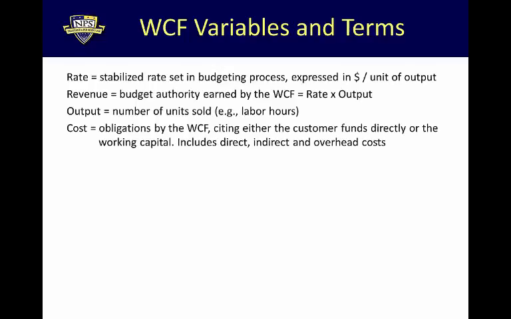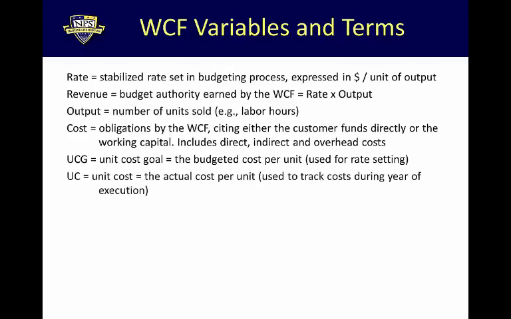Costs are the obligations incurred by the working capital fund, either using the customer funds directly or the working capital, and this includes all of our direct, indirect, and overhead costs. In the budgeting process, we're going to establish a unit cost goal, which is the budgeted cost to deliver each unit of output, and we use this for the rate setting.